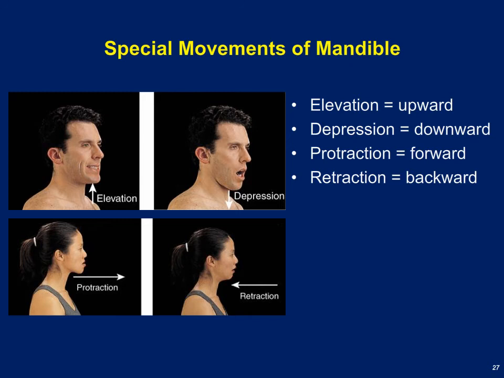Well, chances are you're going to use your incisors to initially bite off that carrot. And in the process of biting that carrot, you will protract your lower jaw. But as you chew that carrot, you will do a little bit of elevation and depression and also some side-to-side motion. And so the flexibility of the jaw is very important in its primary function of being able to masticate food so that it can be easily swallowed.